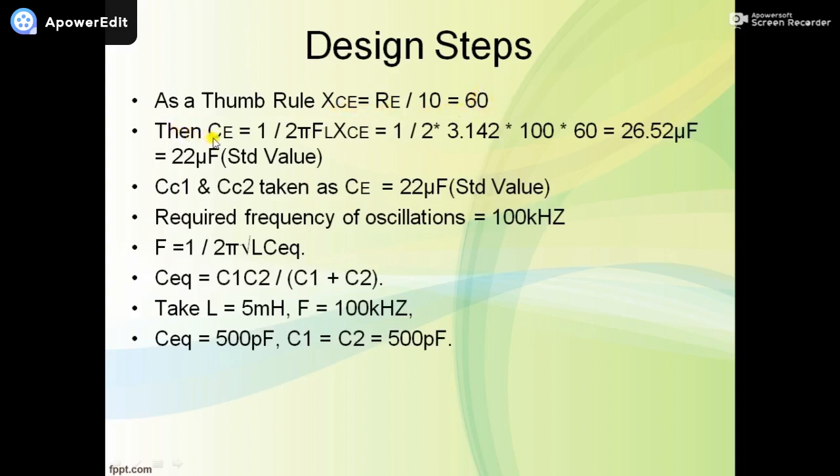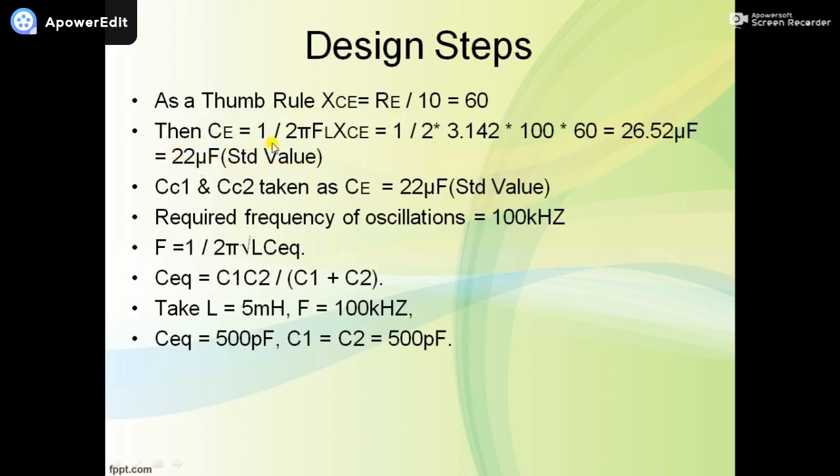Then C of E is equal to 1 upon 2 pi FL into X of C, which is 1 upon 2 into 3.142 into 100 Hertz. I consider FL frequency, and the X of C value is 60, so we are getting 26.52 microfarad. The standard value is 22 microfarad.